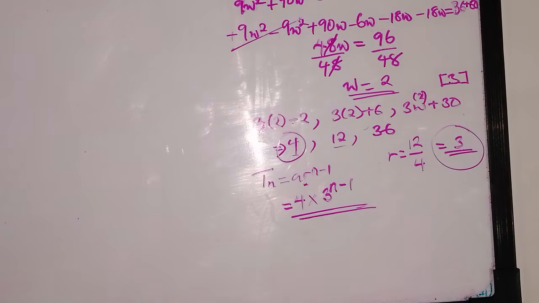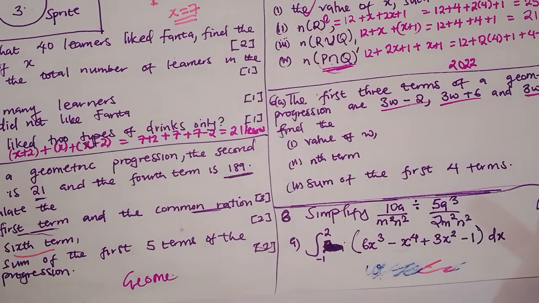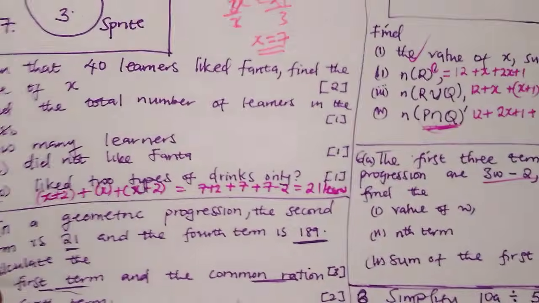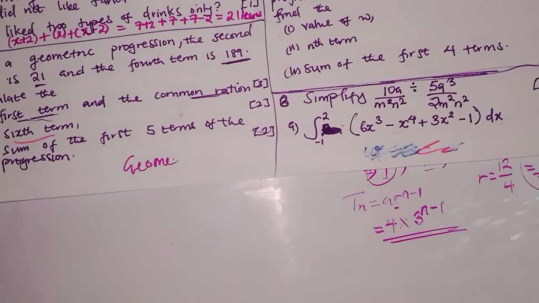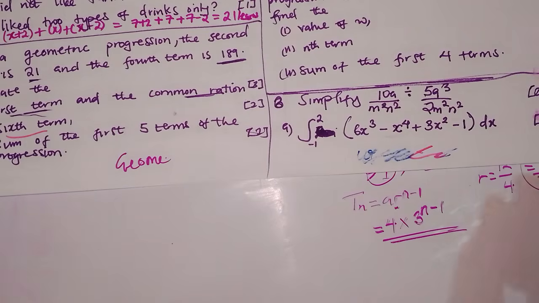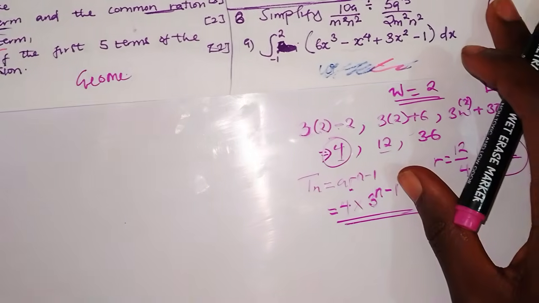Moving on to our final question, which is the sum of the first 4 terms. Again, I told you, you have to know if the common ratio is greater than 1 or less than 1. In our case, we have 3, which is greater than 1.